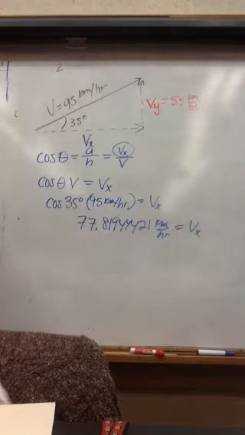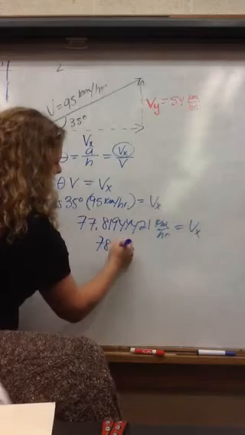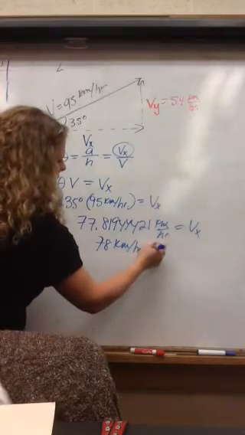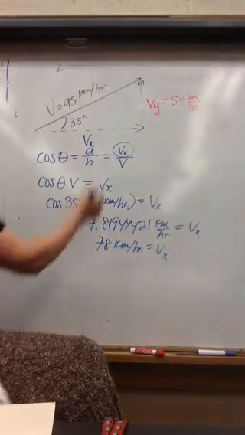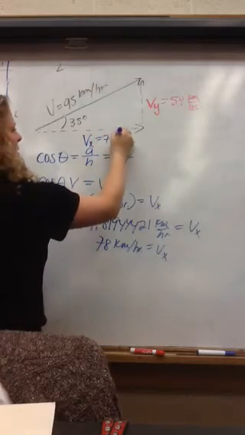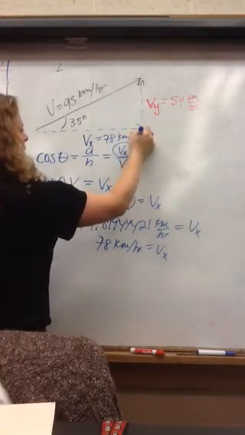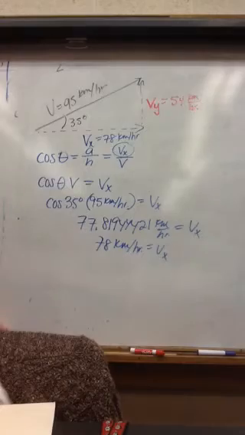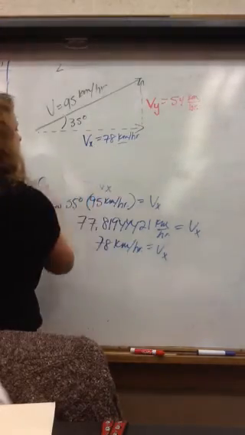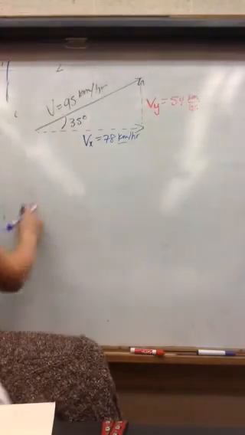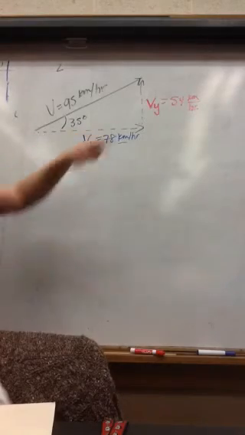How many sig figs can we have? Still 2. So this is 78 km per hour equal to Vx. Okay? We don't have to find the angle, it was given for us. So we're just finding the components of the velocity.